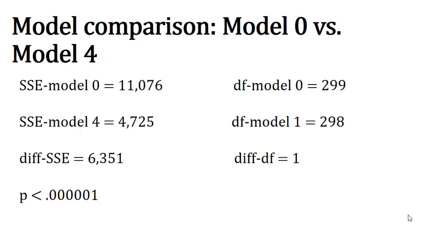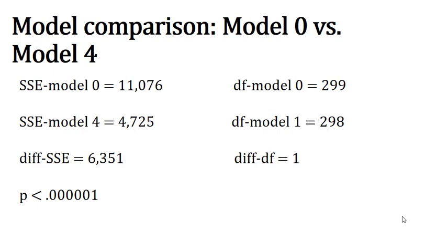Again, we can compare model 0 with model 4, because model 0 has beta 0 and model 4 has beta 0 and beta 3. If we get rid of beta 3, we've got the same model. Now the difference is 351, and the difference in degrees of freedom is 1. Again, very unlikely.